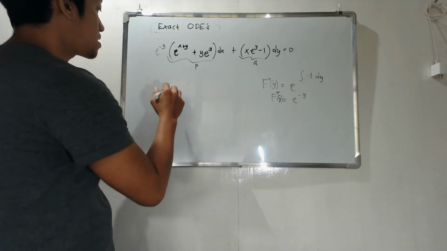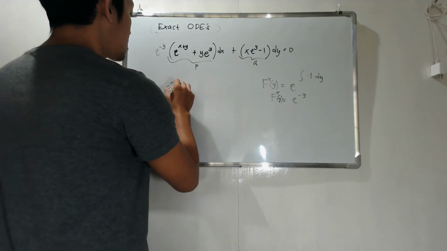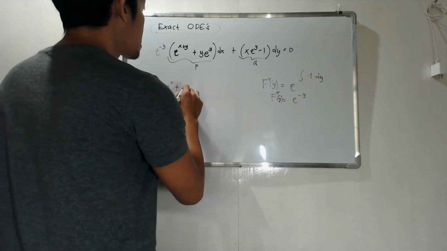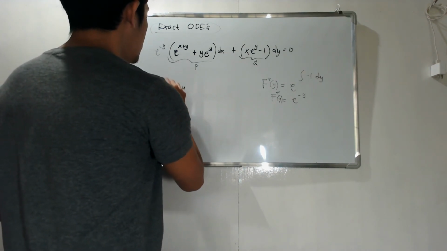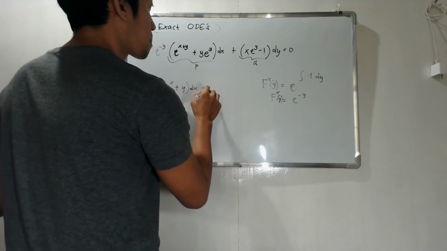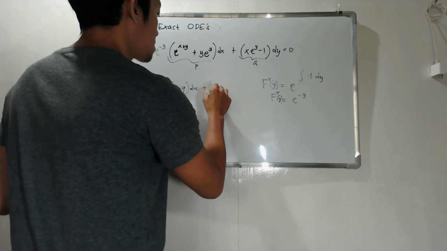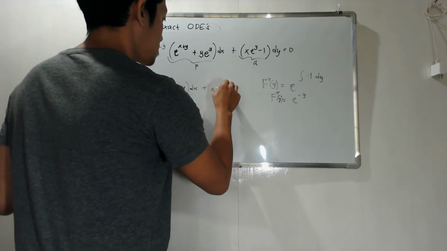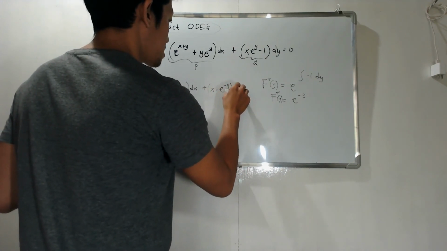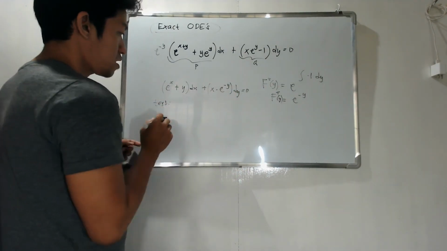If we multiply this one with e to the negative y, what would happen? You have e to the x plus y dx plus x minus e to the negative y dy is equal to 0. Test for exactness.